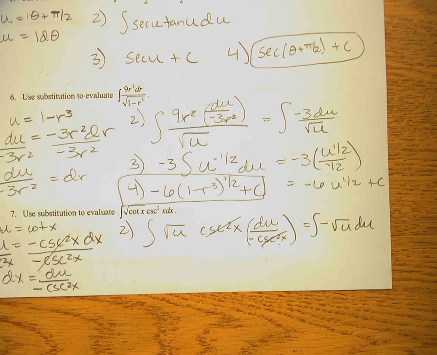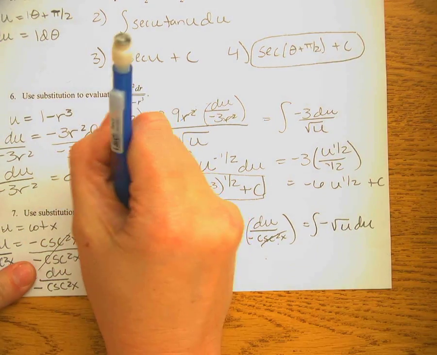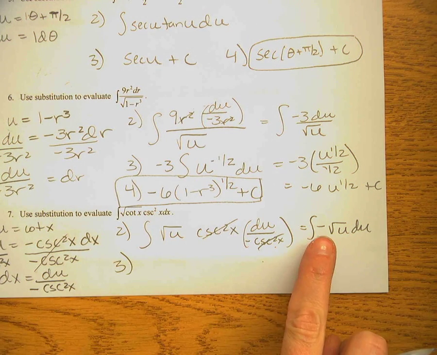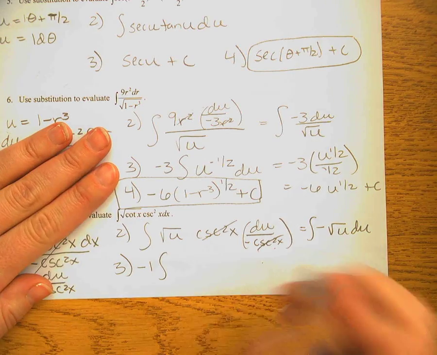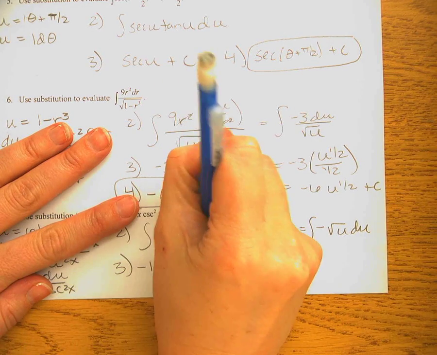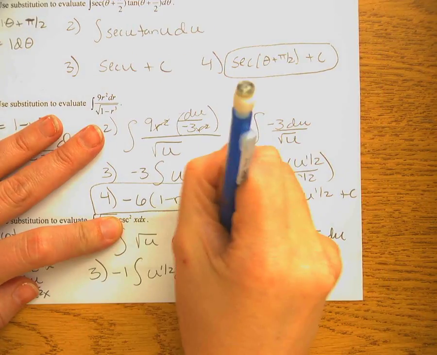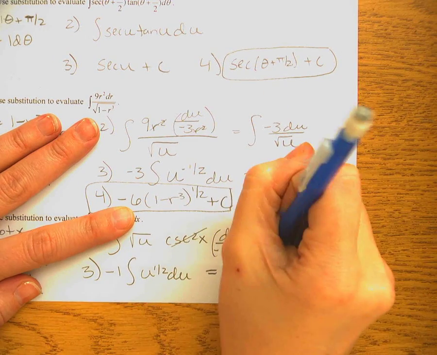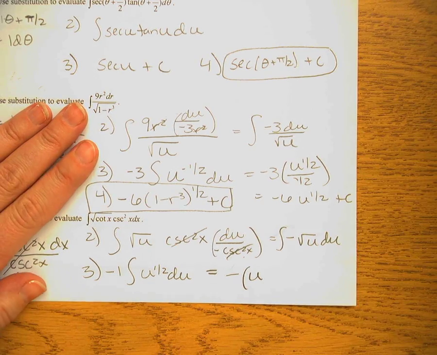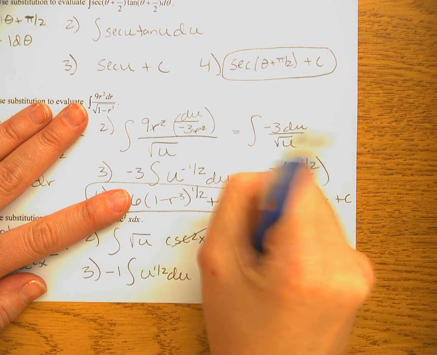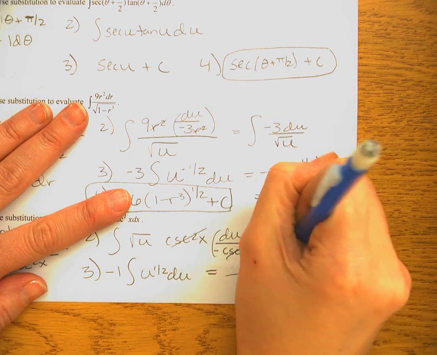Okay, time to integrate. So I'm going to pull the constant out. I don't like constants inside, I'm going to pull them out. And I'm going to call this u to the 1/2 du. And so that ends up being negative u to the, let's see, if I add 1 to that, I get 3/2, and then divided by 3/2.